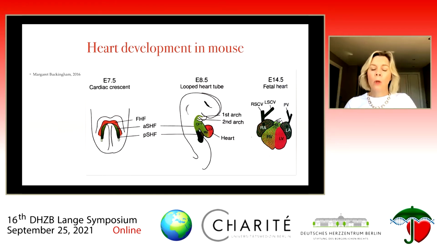And what you can see very simply here is that you have two different heart fields, the first and the secondary heart field, where originally the heart is developed from. This is here depicted in mouse, and you see that a secondary heart field depicted in green will give rise to the right side of the heart, and the first heart field more or less to the left side.